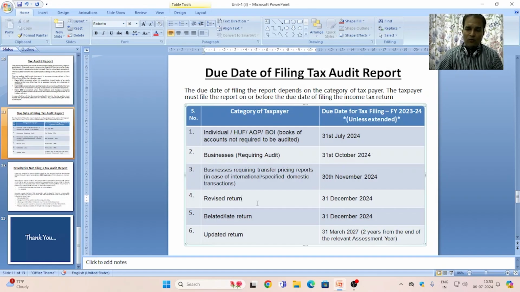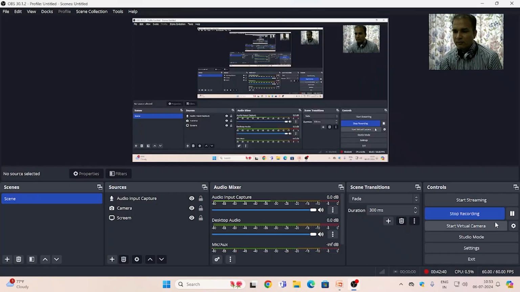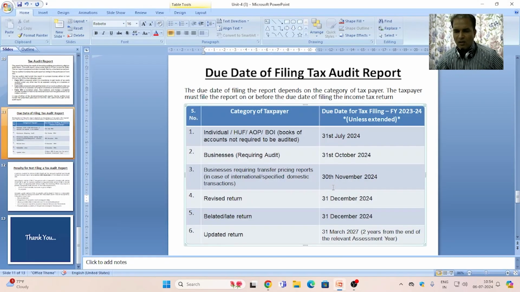Fourth category, for revised return. For revised return, the date is 31st December 2024. What is a revised return? Section 139 subsection 5 of the Income Tax Act 1961 helps the SSE to file a revised return if he finds that a mistake or omission has been detected by him in the original return.